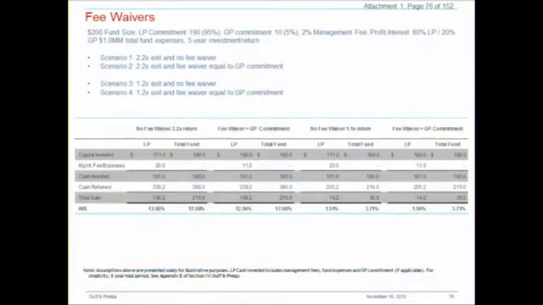So again, in this case I think we're looking at four different scenarios, looking at the fee waiver. The first set of figures is the analysis that we had just gone through.